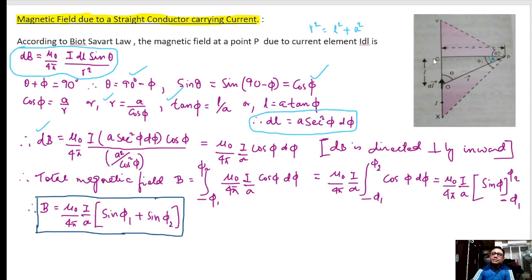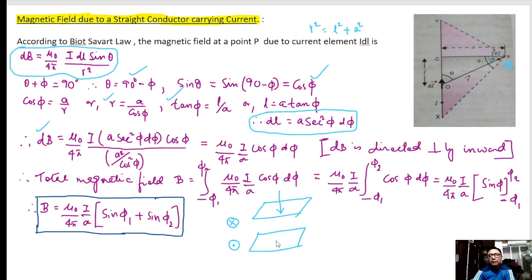So now watch here, current is going like this, so the direction of the magnetic field will be perpendicular into the paper. Please watch one thing. This sign means perpendicular into the paper, and this sign means perpendicularly out of the paper.